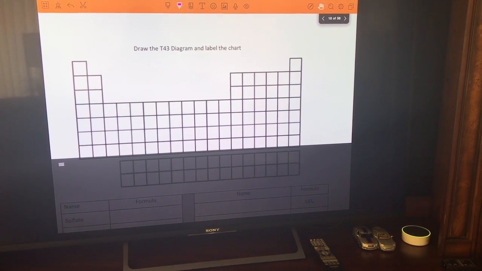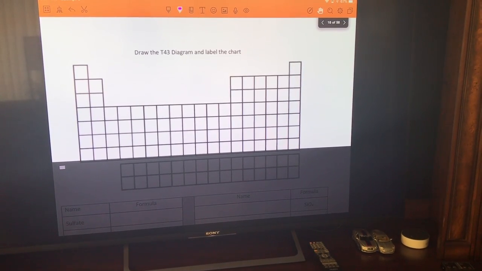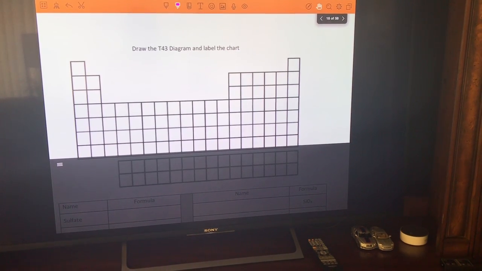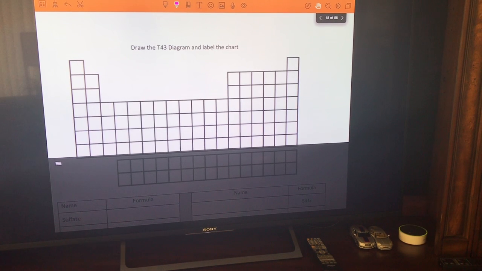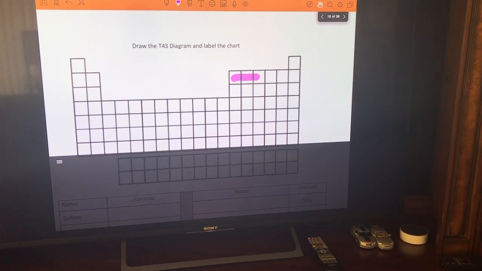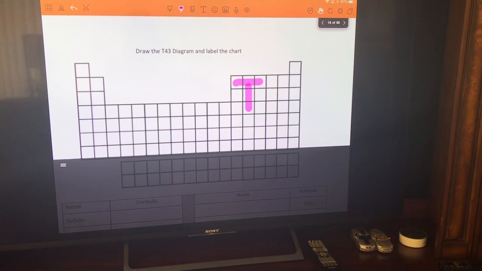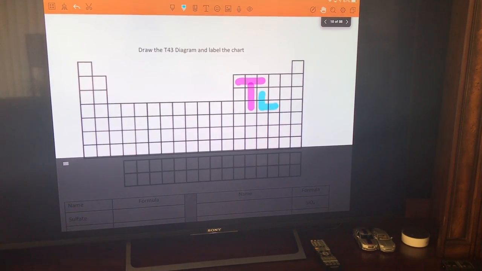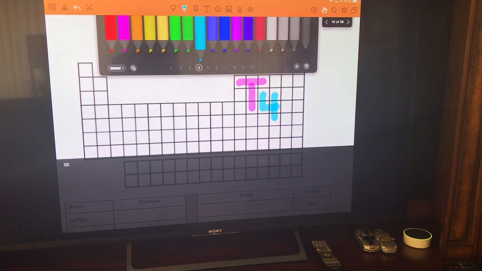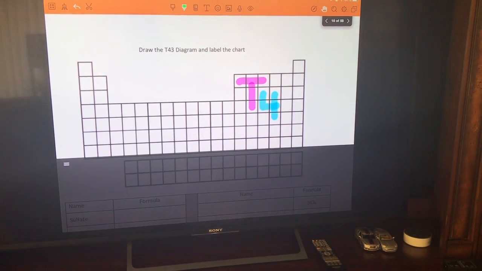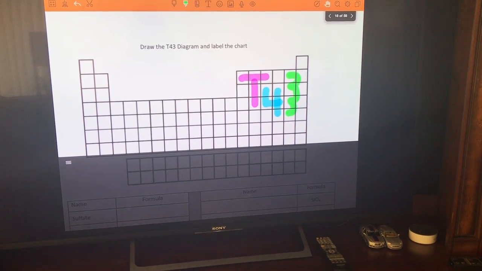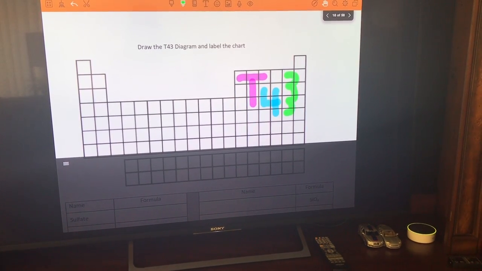The polyatomic ions are identified through a process in the periodic table, a pattern called T. I'm going to switch colors over here to blue, 4, and get some green. And I'm going to make kind of a weird looking 3 there.